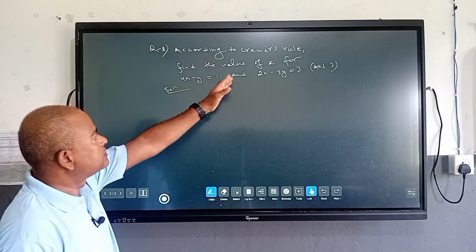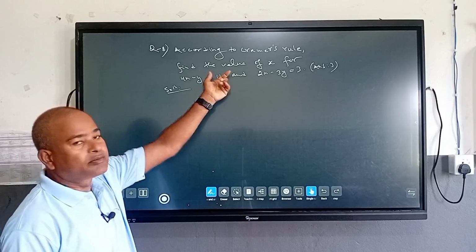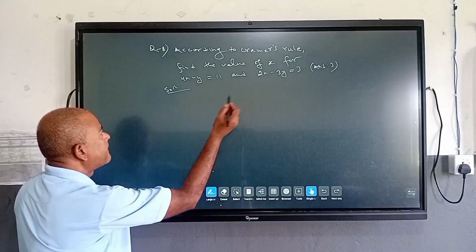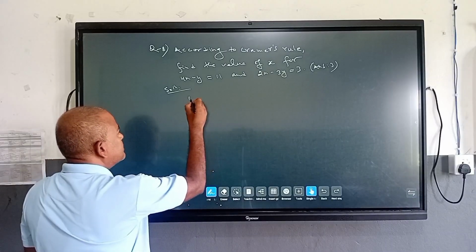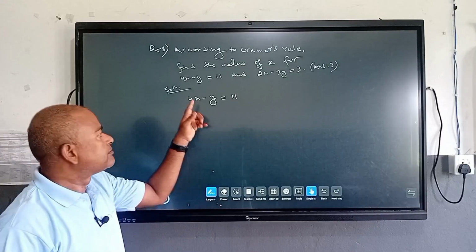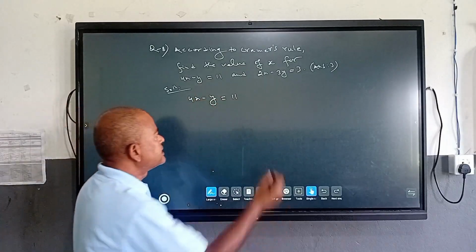Now we are going to find the value of x by solving the given two equations using Cramer's rule.